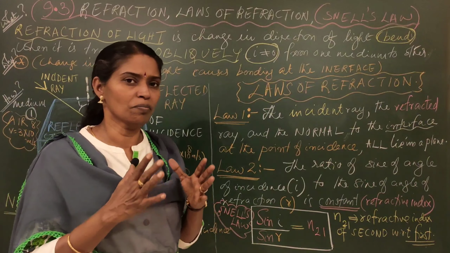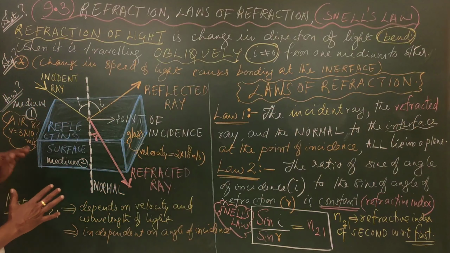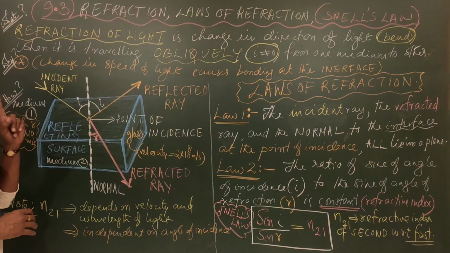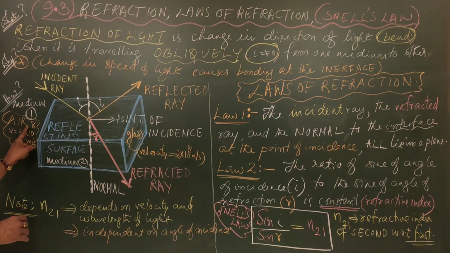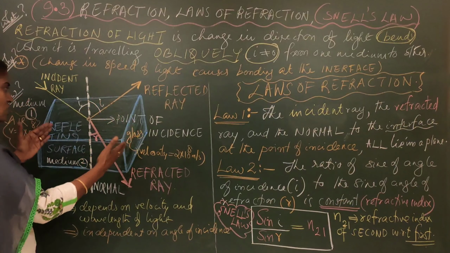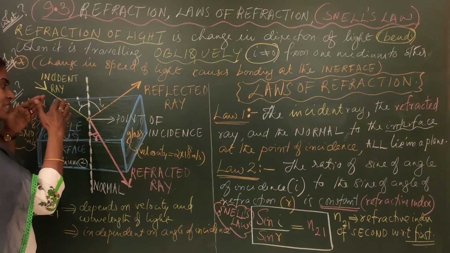So let us come to the picture and the details. So here comes the picture, and here you have two media. Number one, the first medium, is air. Light is coming from air and it is just entering the glass slab.